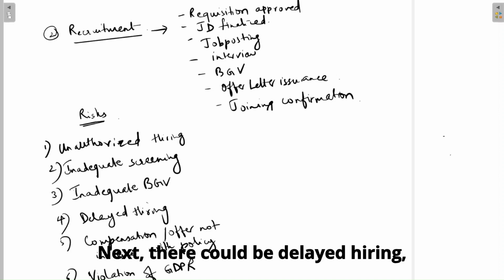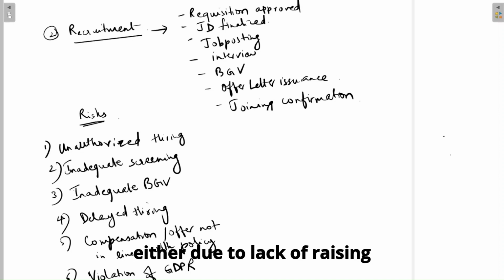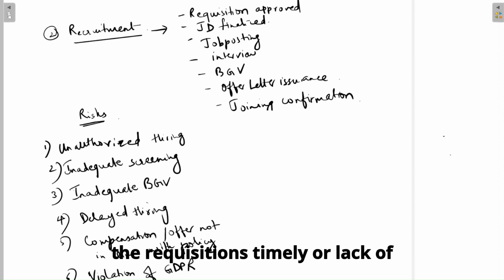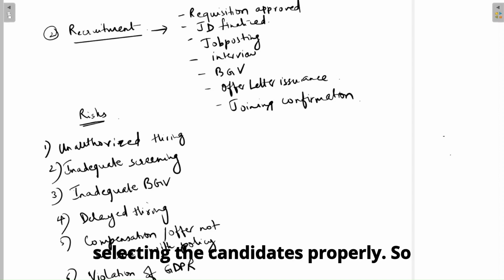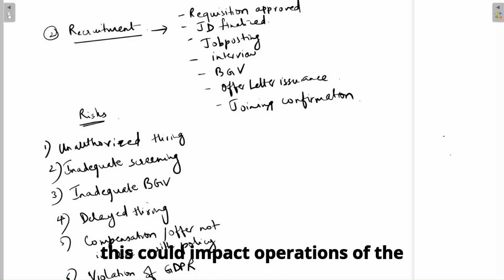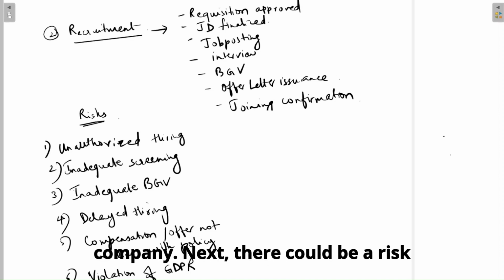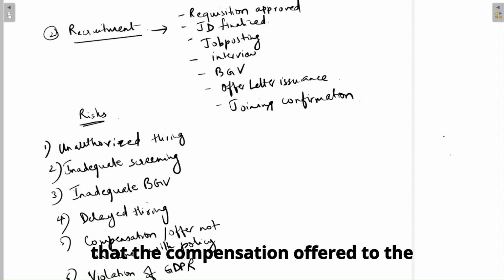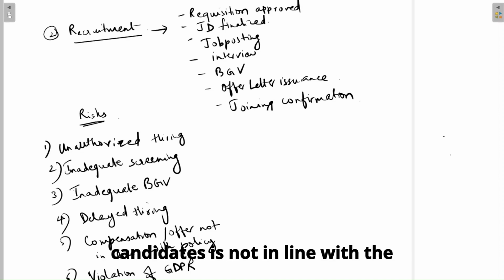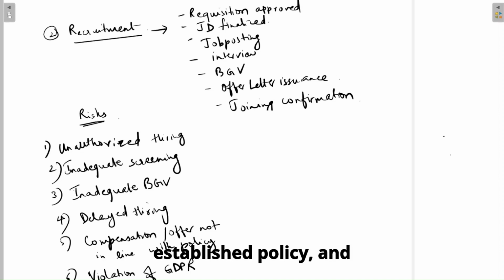Next, there could be delayed hiring, either due to lack of raising the requisitions timely or lack of selecting the candidates properly. So this could impact operations of the company. Next, there could be a risk that the compensation offered to the candidates is not in line with the established policy.